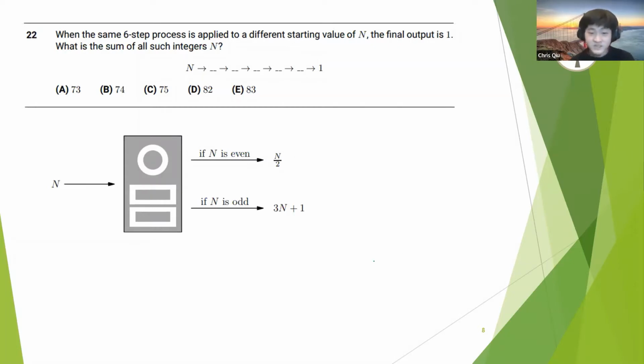The key idea is to work backwards. We apply this 6-step process and we'll reach 1 by the end. We want to find all integers that go to 1 in exactly 6 steps. One way you can do this is by working backwards.